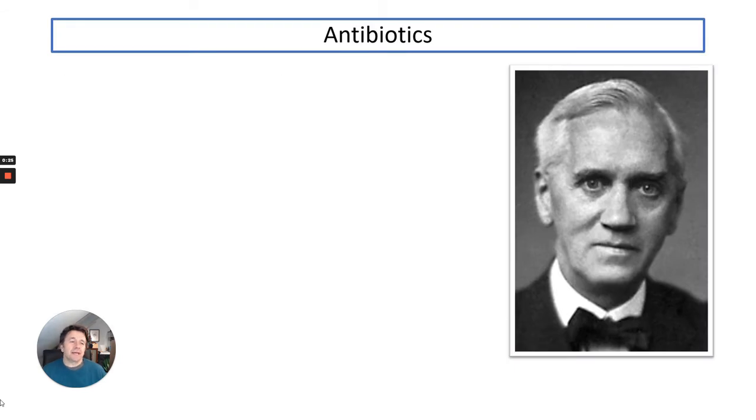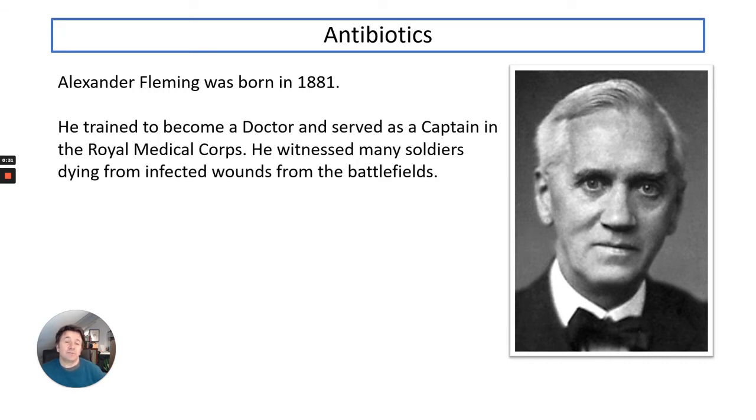So this chap here is Alexander Fleming, and he was born in 1881, and he famously discovered an antibiotic. He trained to become a doctor and served as a captain in the First World War, and he witnessed many soldiers who died from infected wounds from the battlefields. In fact, a large proportion of people died from secondary infections.